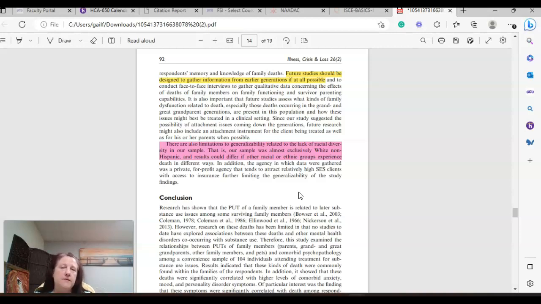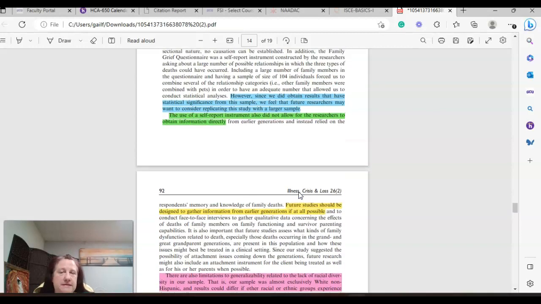And then they're looking for, hey, we should have looked at something more racially diverse. So for example, in my paper I did, I wanted to look at the Native American population. So I was helping to fill that gap, as well as looking at a larger sample size. Okay, so that would be how you would kind of address those gaps.